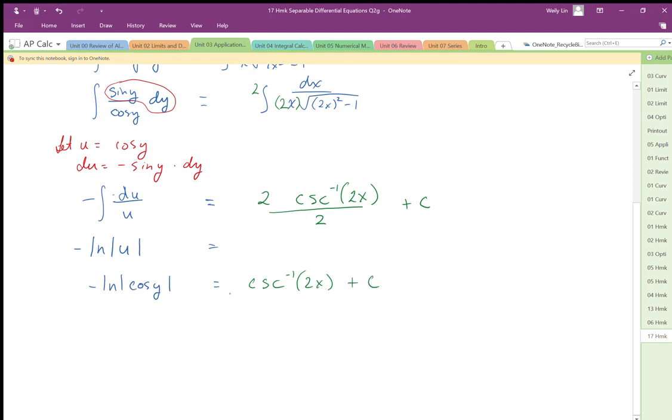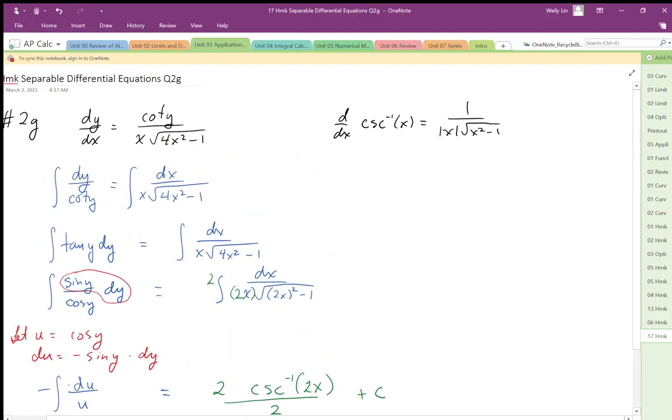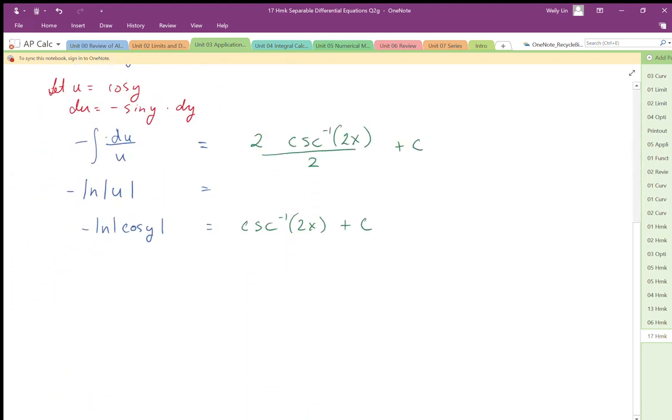So at this point I'm going to solve for c by substituting in the x and y values. If I'm not mistaken, the initial condition was y(1) equals 0, so x equals 1, y equals 0. So I'm going to substitute that in. So I get negative log cosine of 0 is equal to the inverse cosecant of 2 plus c.